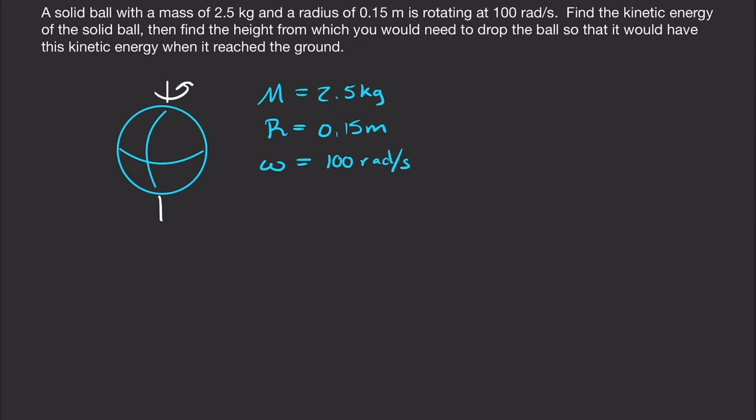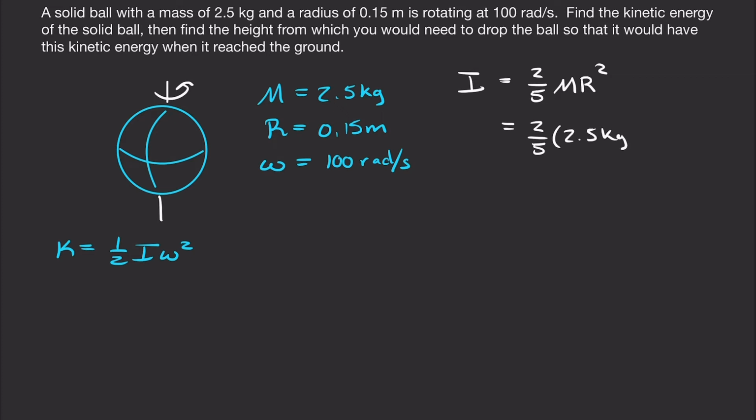Now I know to find the kinetic energy, it will be 1/2 I omega squared, so I need to find I. So I for a solid ball will be 2/5 mr squared. So this will be 2/5 times 2.5 kilograms times 0.15 meters, all squared.